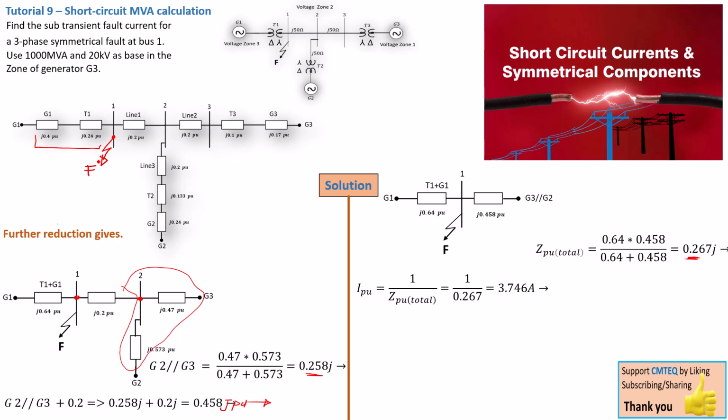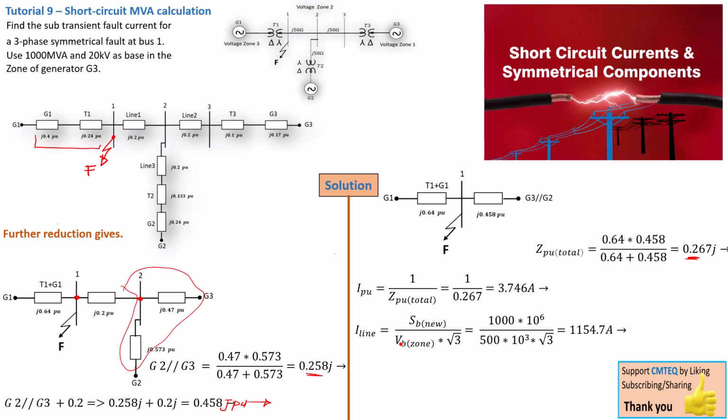Now if you know the per unit current, you can find the short circuit current, because we know that I short circuit is basically I line times I per unit. So we first need to calculate the I line. So what is the I line?